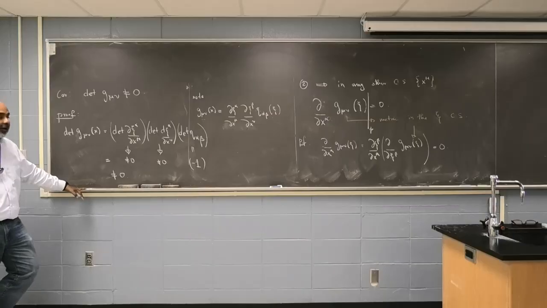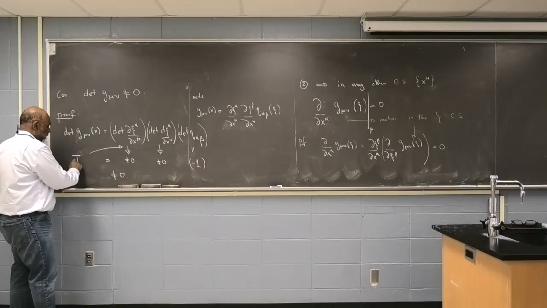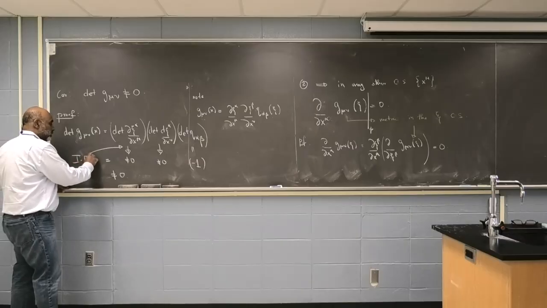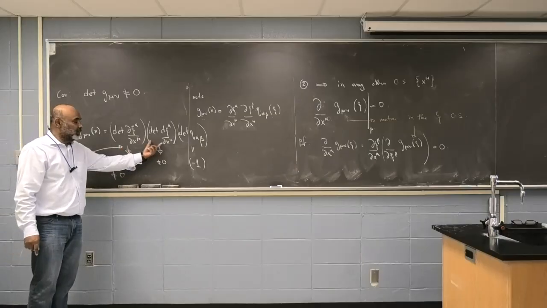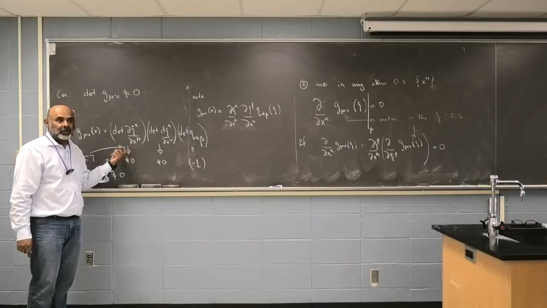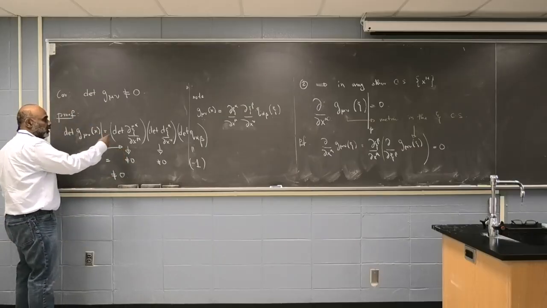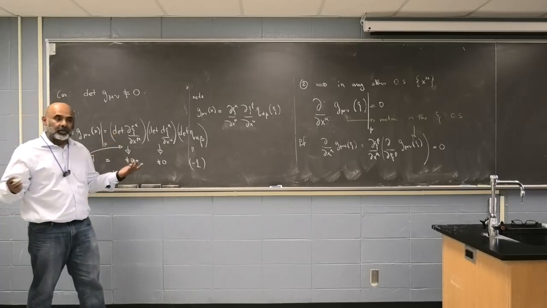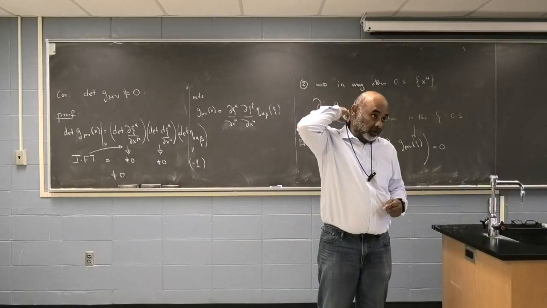The determinant of the transformation matrix. It says the determinant of the transformation matrix cannot be 0. If it is 0, it's not a valid coordinate system. This is, of course, at the point P, but P can be any arbitrary point, and at any arbitrary point you can take an inertial coordinate system.